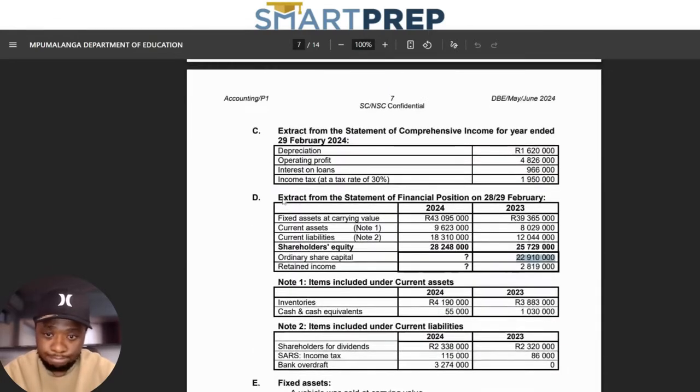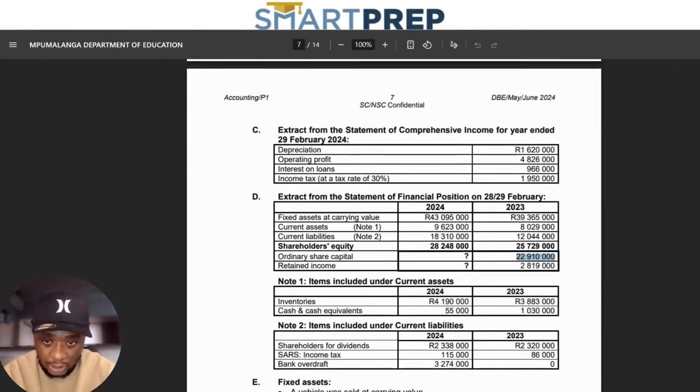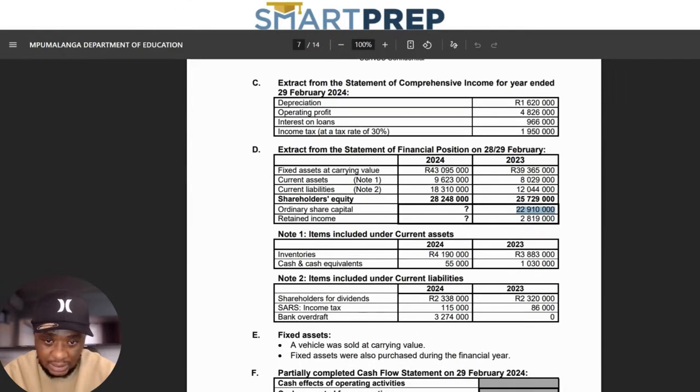Looking here, we have our current assets and current liabilities. Our current assets at the end of the year are 55,000. And if you look at our current liabilities, we have 3,274,000. So basically, we have a negative amount here because ultimately there is 55,000 on hand, but then we have an overdraft of 3.2 million.